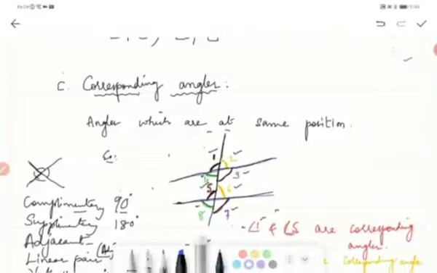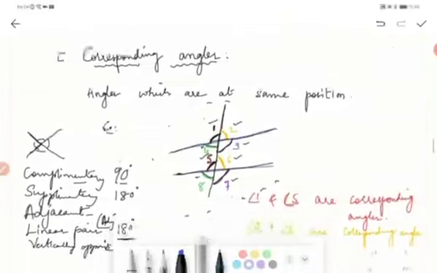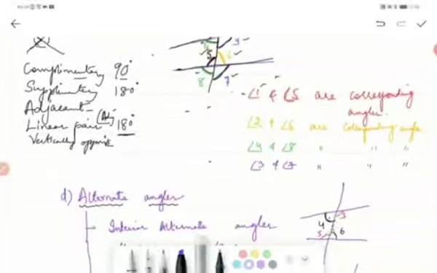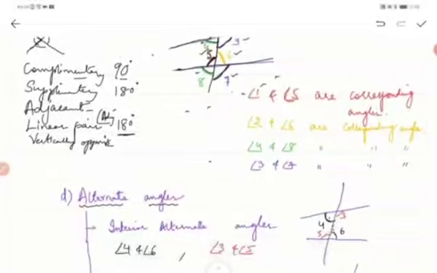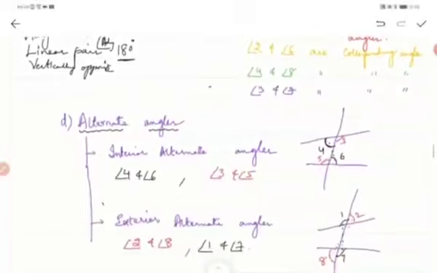Alright, so let's move on to the next type of angle formed whenever a transversal line is cutting two lines. So we have interior alternate angles. You will have interior alternate and exterior alternate. Alternate is like this. So you have angle 4 and angle 6.